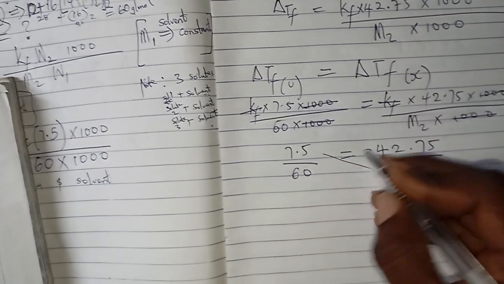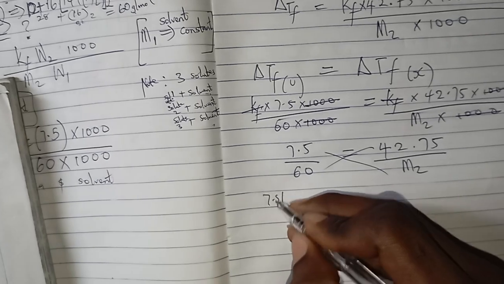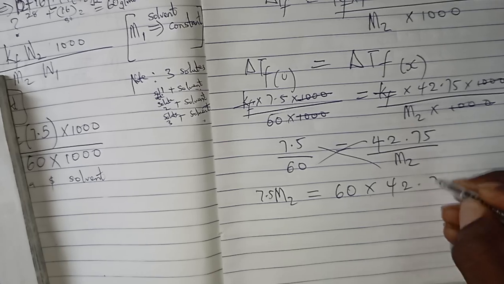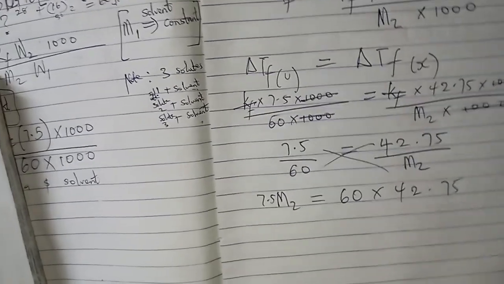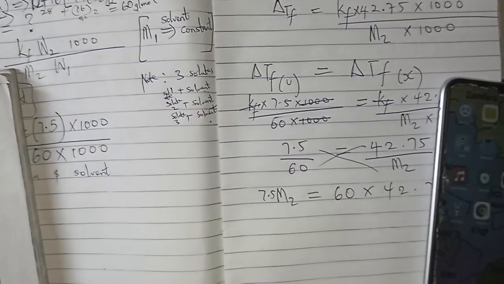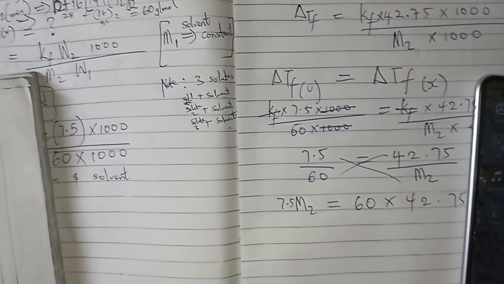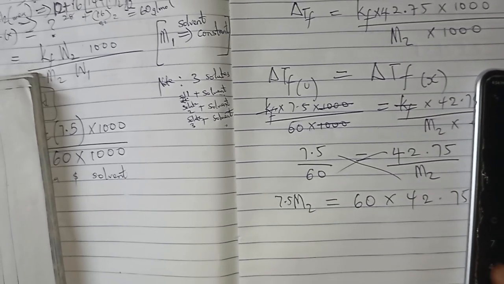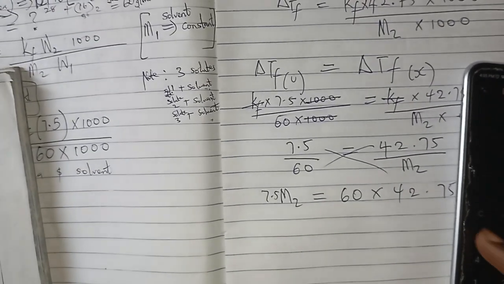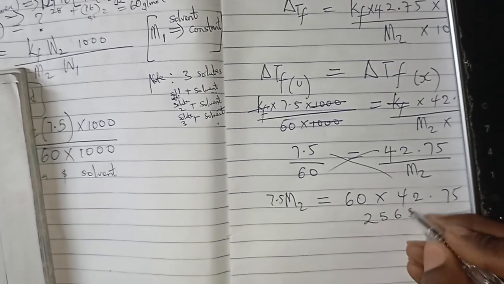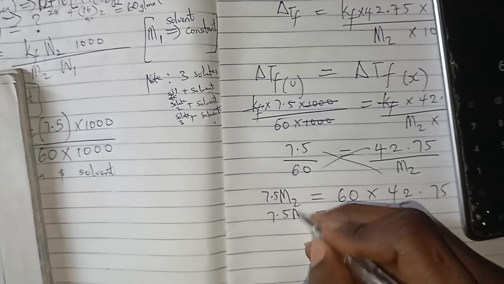If you equate, you can now cross multiply, so that you have 7.5 M2 equals 60 times 42.75. When you punch this into the calculator, 60 times 42.75 gives you 2565, which equals 7.5 M2.